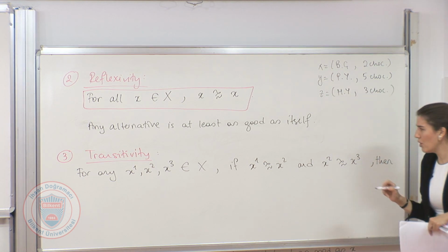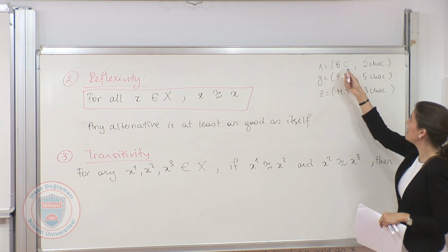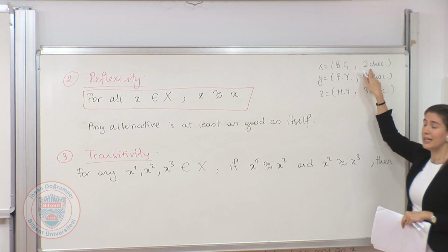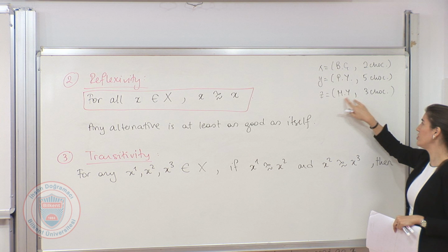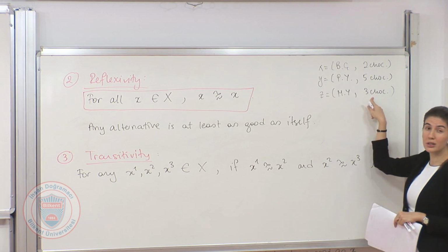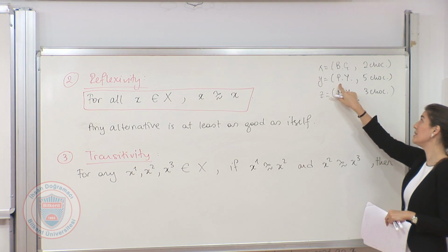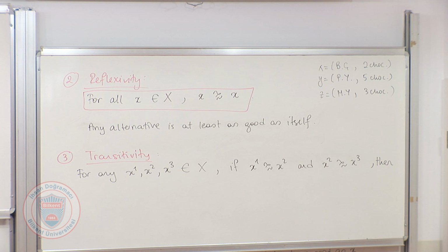Remember, if I say X, Behzatçe and 2 chocolate bars, is for me at least as good as Muhteşem Yüzyıl and 3 chocolate bars, and Muhteşem Yüzyıl and 3 chocolate bars is at least as good as Pis Yedili and 5 chocolate bars, then what do you think I should say?